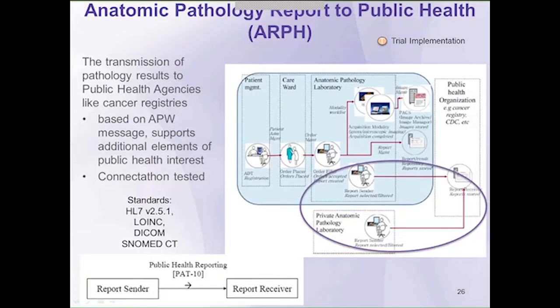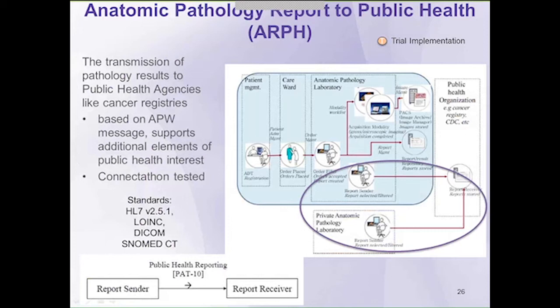Another part of anatomic pathology reporting is the connection to public health and the transmission of microbiology results, reportable conditions, as well as tissue for specific conditions like cancer to cancer registries. It would be based on the anatomic pathology messaging, but also supporting additional elements that are of interest to public health agencies.